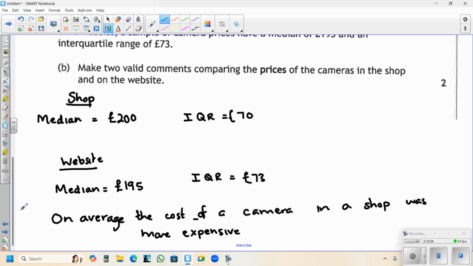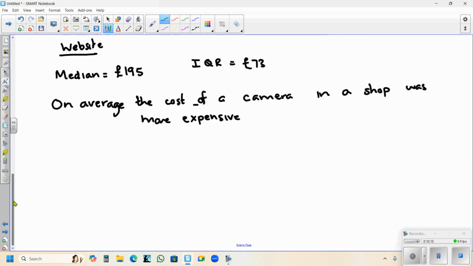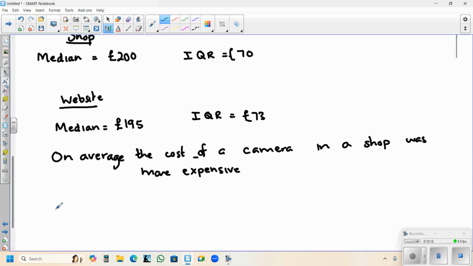Now, second one, we're going to make a statement about the interquartile range, and that tells us about the variation in prices. In the shop it was a smaller value for the interquartile range, so the prices were more consistent, they were less varied. This is a bigger number, so you can see that the prices were more varied on the website. It doesn't matter which one you say.